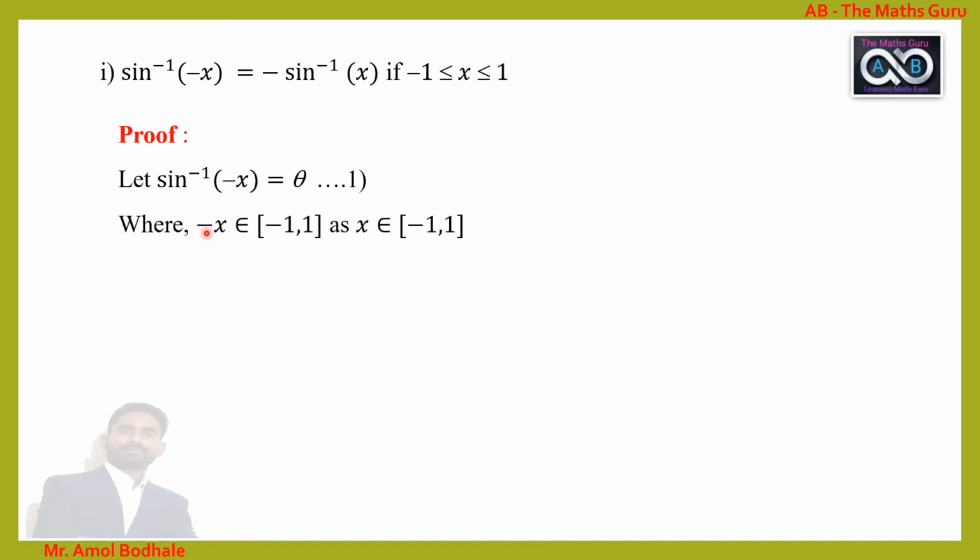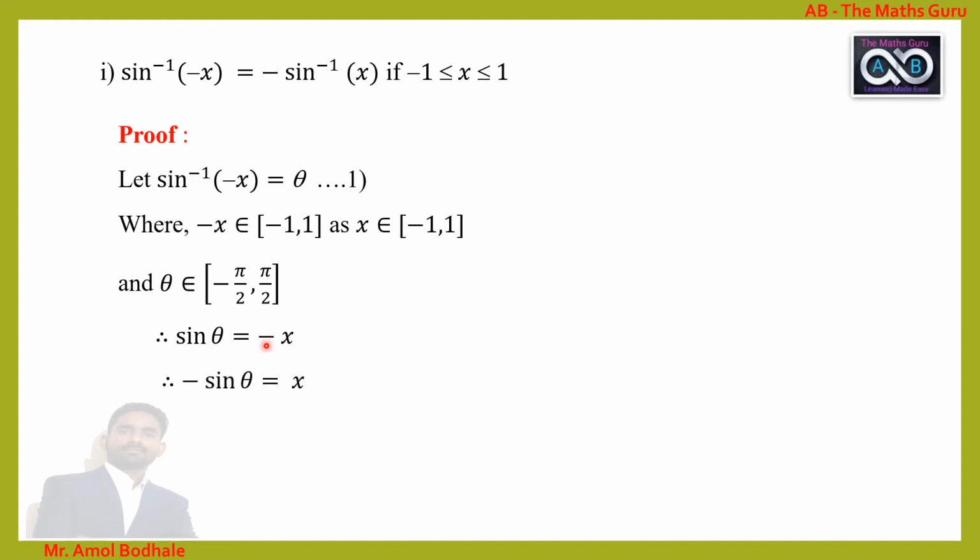Minus x belongs to the domain of sine inverse, which is the closed interval minus 1 comma 1, as given that x belongs to the closed interval minus 1 comma 1. So obviously the negative of x also belongs to the closed interval minus 1 comma 1, and theta belongs to the range of sine inverse, that is the closed interval minus pi by 2 comma pi by 2. So from sine inverse of minus x equal to theta, we can write sine of theta equal to minus x.